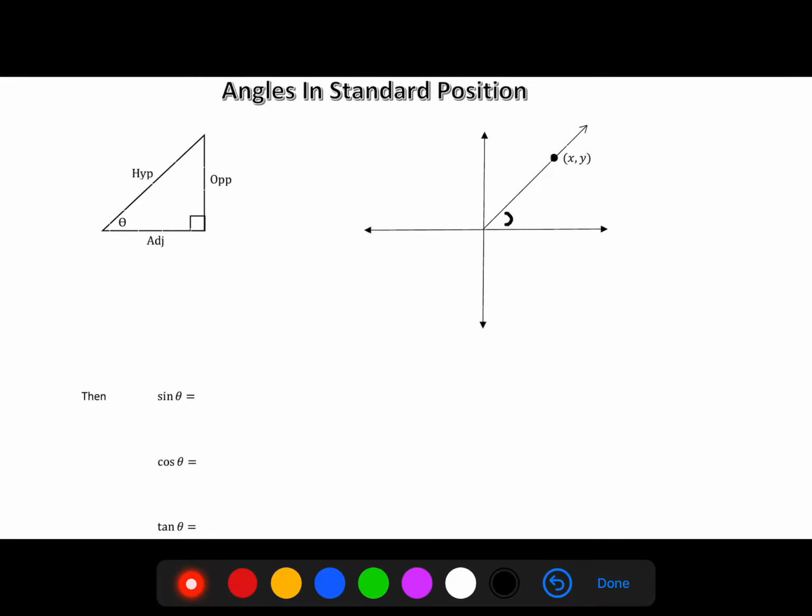So we're talking about our angle, theta, in between the positive side of the x-axis and our terminal arm. And our terminal arm just encloses our angle.